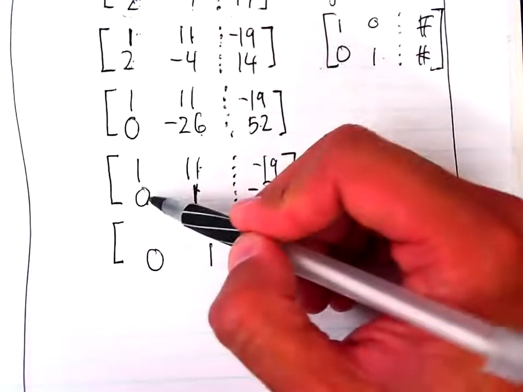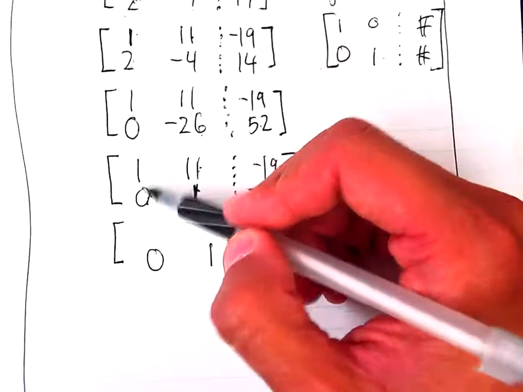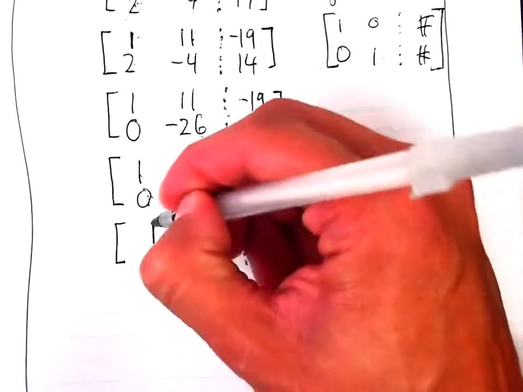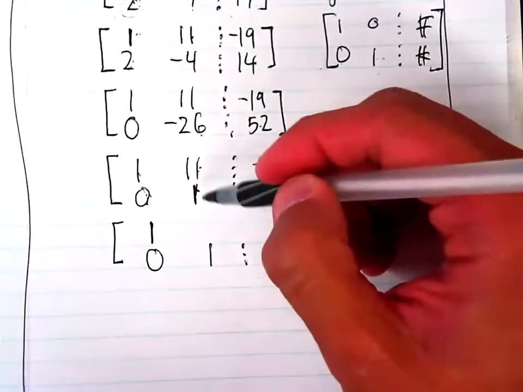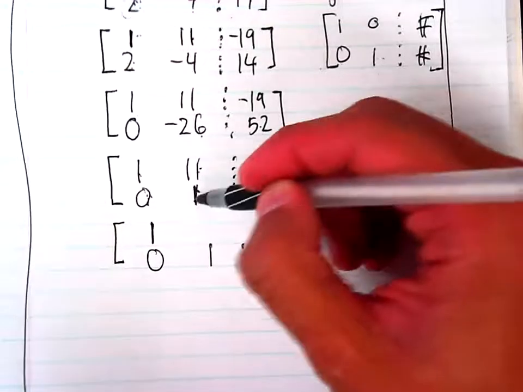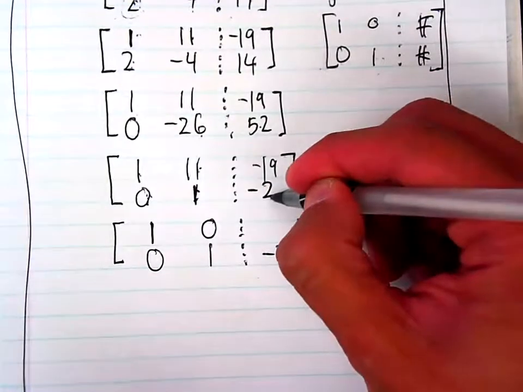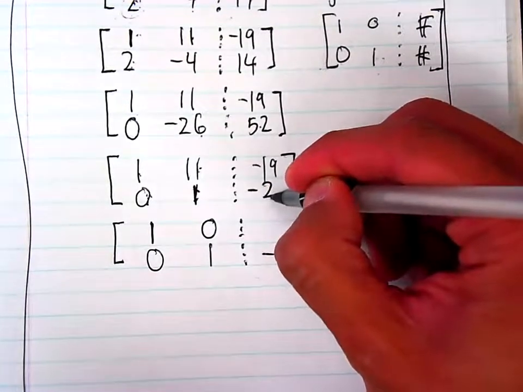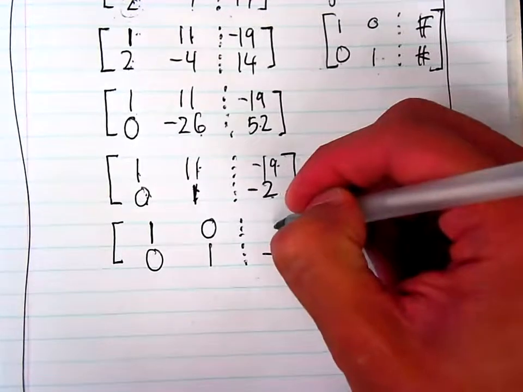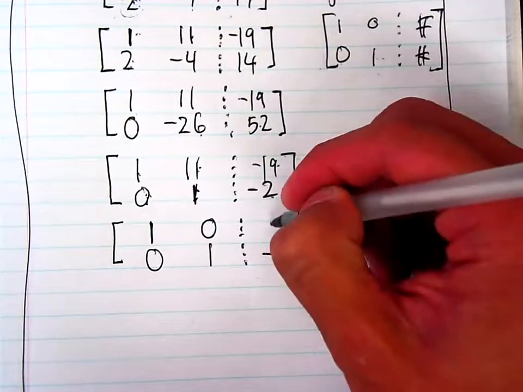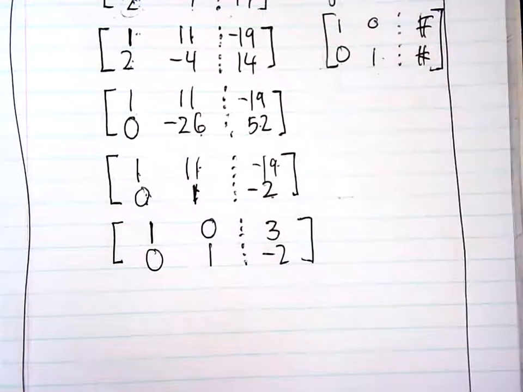Negative 11 times 0 is 0, plus 1 is still 1. Negative 11 times 1 is negative 11. Negative 11 plus 11 is 0. And then negative 11 times negative 2 is 22. 22 plus negative 19 is 3.